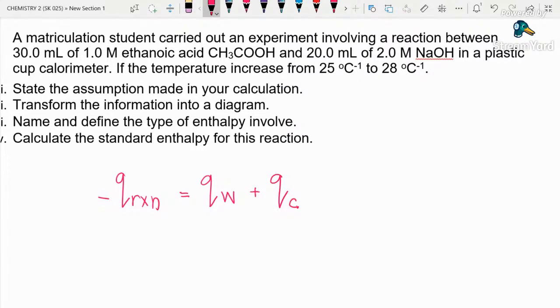Because we don't have any information related to the calorimeter, so kita terus kata heat released from the reaction is equal to the heat absorbed by water. So that is our assumption.